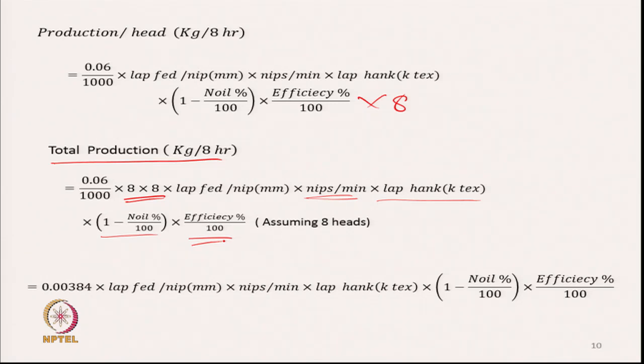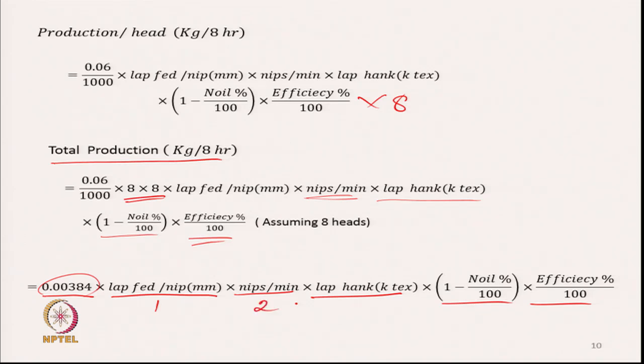If we know all these values, we will be able to find out the total production that we would expect. If I do this, this gives me the figure 0.00384. This means the total production of the machine in 8 hours depends upon one constant, that is this, and then parameters: one is the lap fed per nip in millimeter.